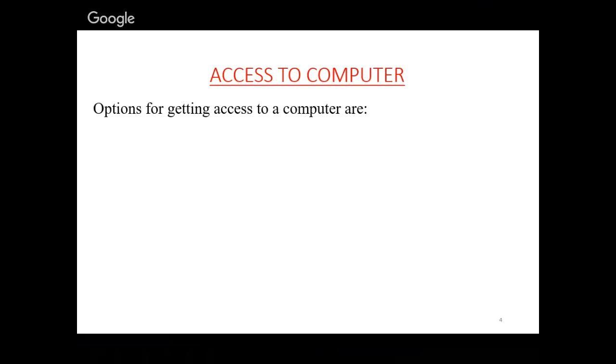Because this training is about using a computer that uses the operating system called Windows, you need a computer to practice whatever we are teaching. The first option was using your friend or family member's computer. That was the first point.